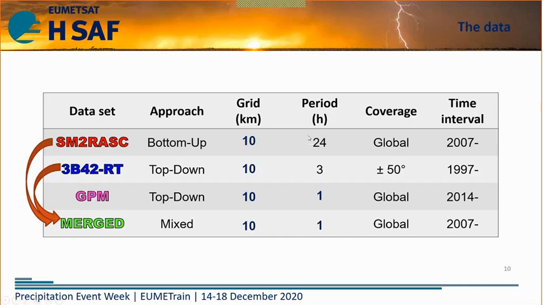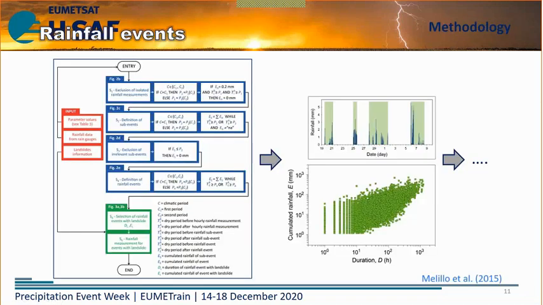As you can see here, all the products have been regridded over a common grid with a spacing of 10 kilometers.